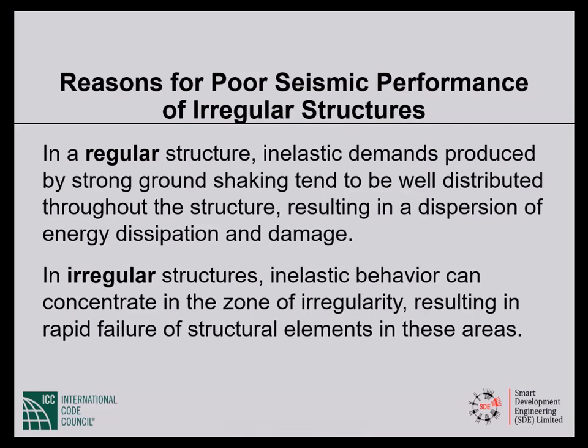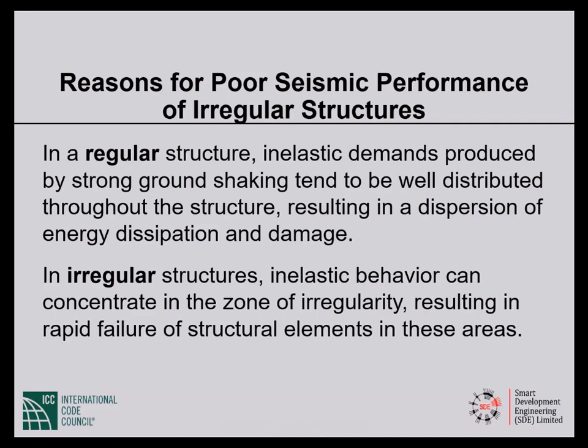So, reasons for poor seismic performance of irregular structures. In a regular structure, inelastic demands produced by strong ground shaking tend to be well distributed throughout the structure, resulting in a dispersion of energy dissipation and damage. In irregular structures, inelastic behavior can concentrate in the zone of irregularity, resulting in rapid failure of structural elements in these areas.